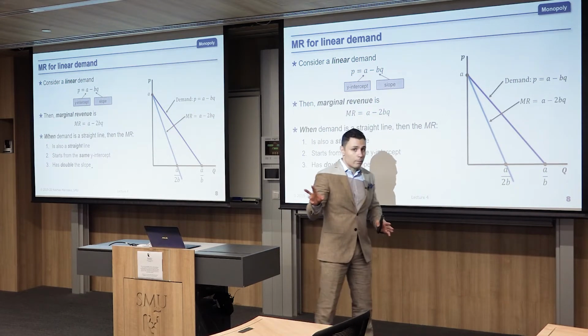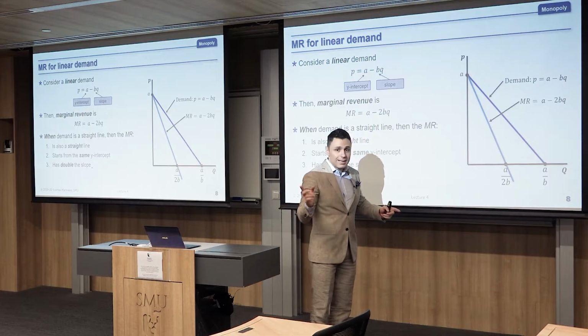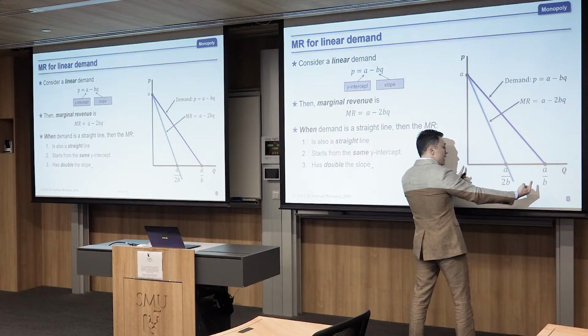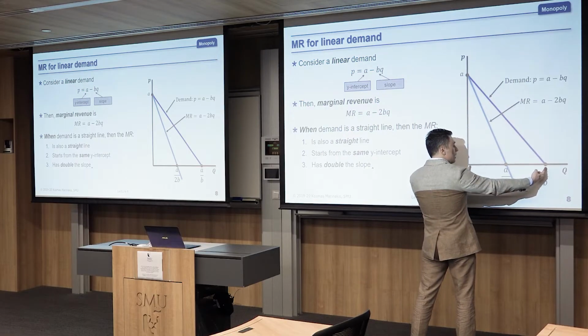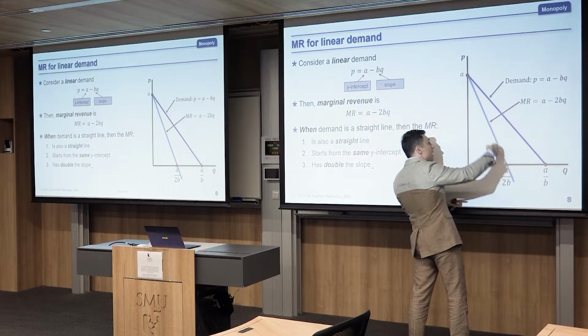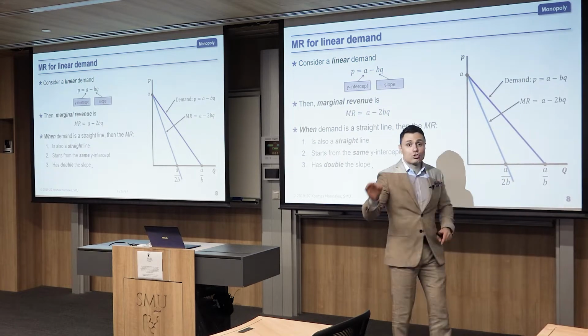This is not true. What you have to take the middle of is the horizontal projection. So you take this distance here and you find the middle of this distance, and that's how you draw it correctly.